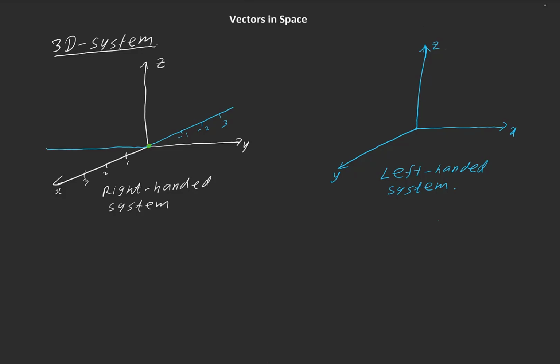Similarly, for the y-axis, these are positive values and here negative values. For z, I can extend down here, so negative values are here and positive values are here. So we know these three axes are perpendicular to each other.